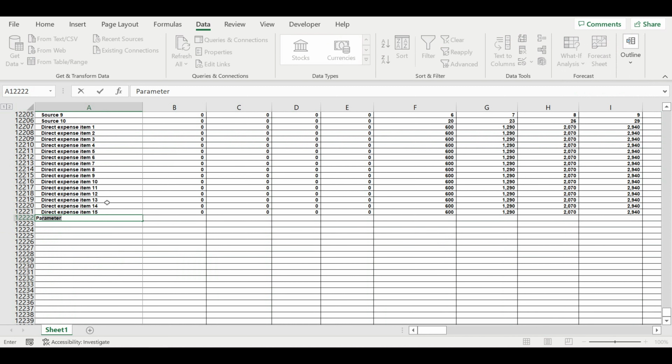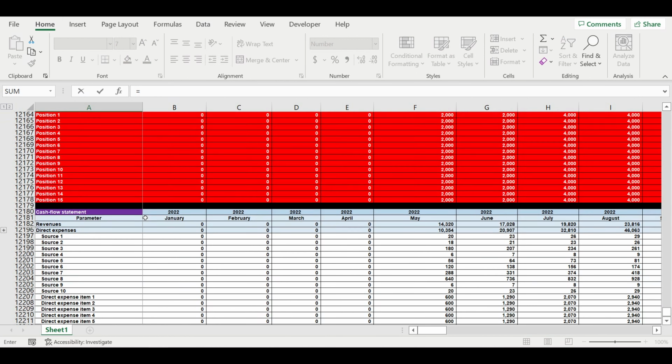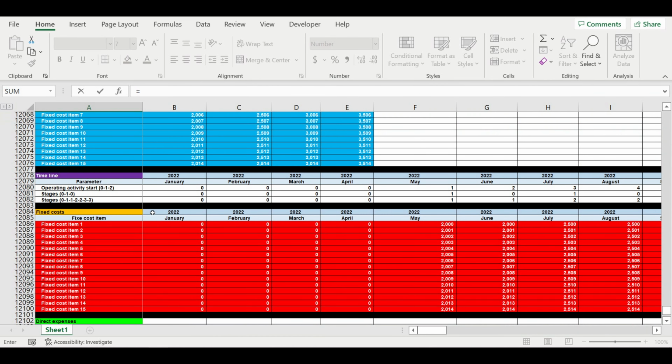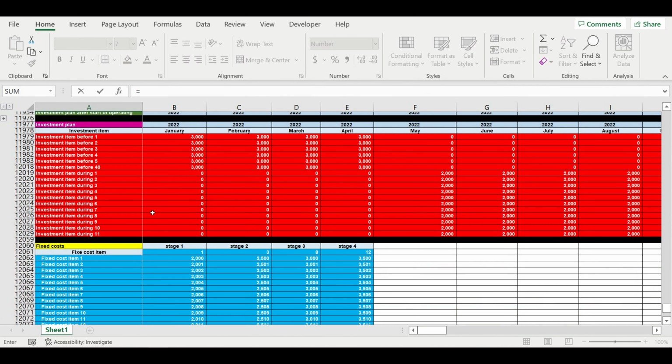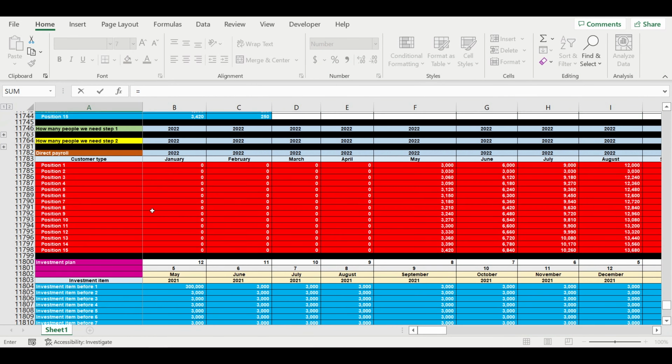Then we take payroll. Payroll will consist of two types of payroll. The first payroll is kind of a direct expense because it is linked to the amount of customers.